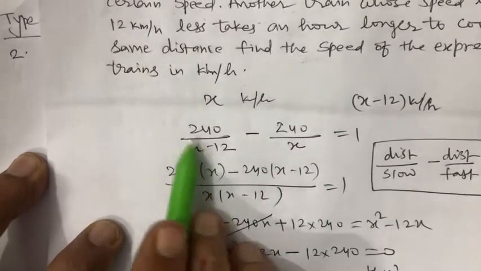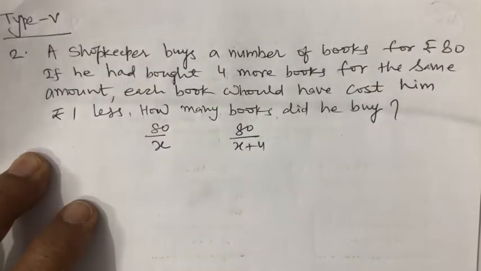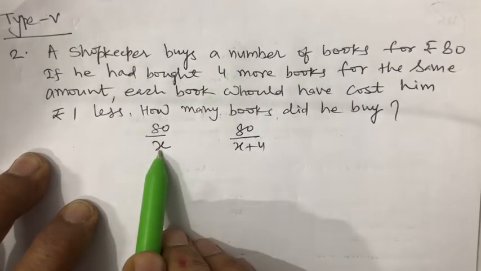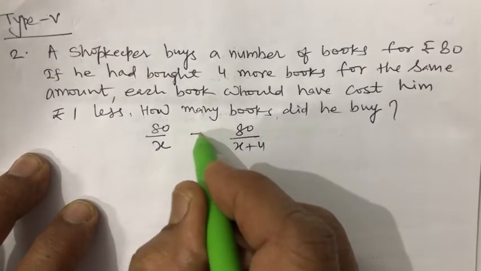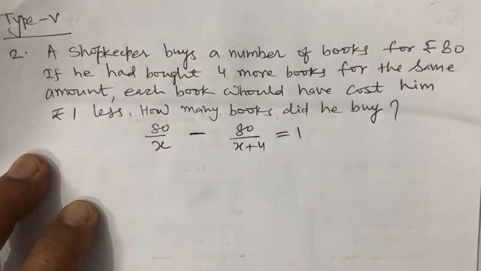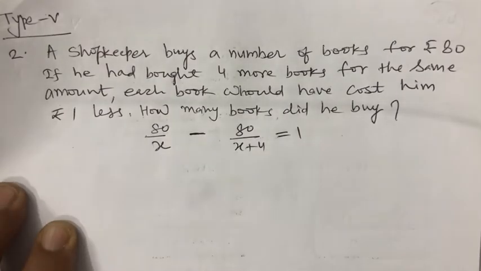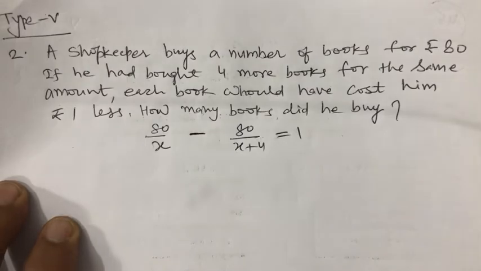240 slower, 240 larger. So same thing is here. This x is smaller than x plus 4. So simply put a minus sign and put here 1 rupee. What is the difference? Here it is 1 rupee. In the previous question it was 1 hour. Now the question is for you. You can solve it easily.